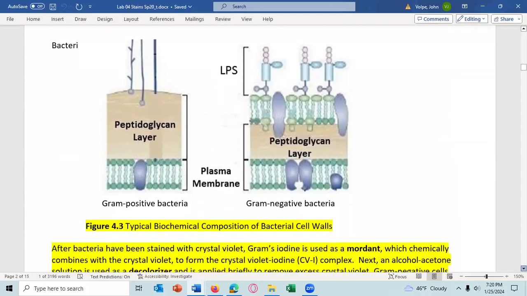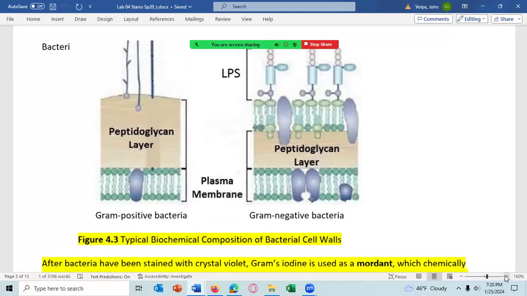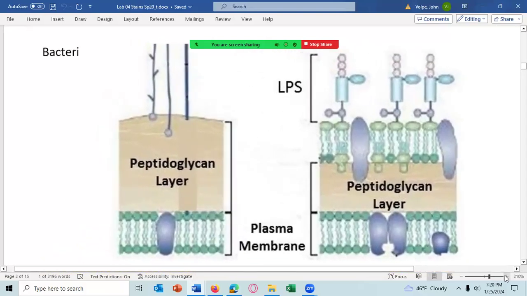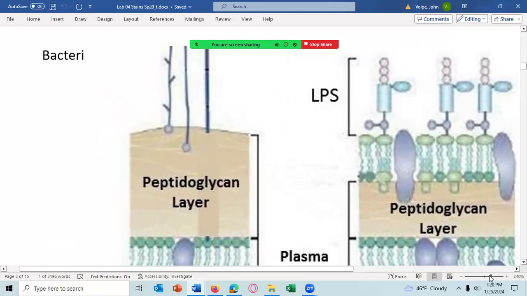When we look at the bacteria, you can see the gram-positive cells here, and there's the plasma membrane, there's the cell wall, and the cell wall of the gram-positive cell is mostly this peptidoglycan layer, and it's very thick, around 100 layers of peptidoglycan, one on top of the other.